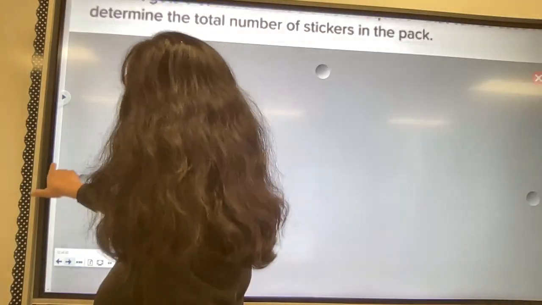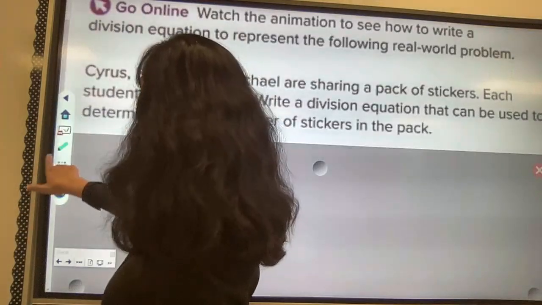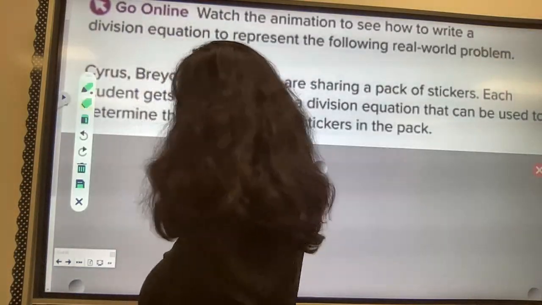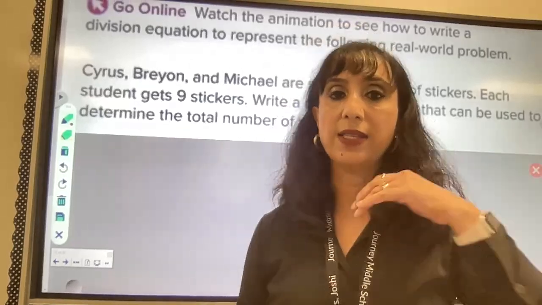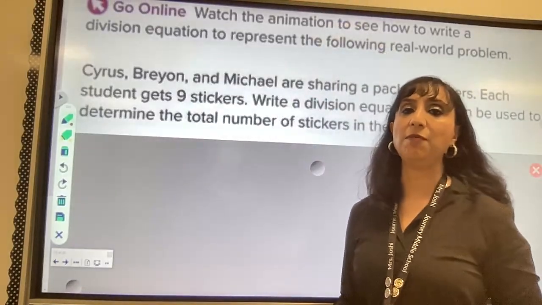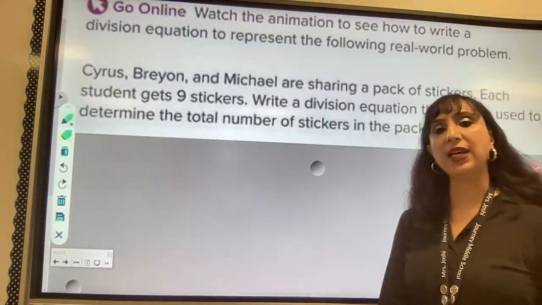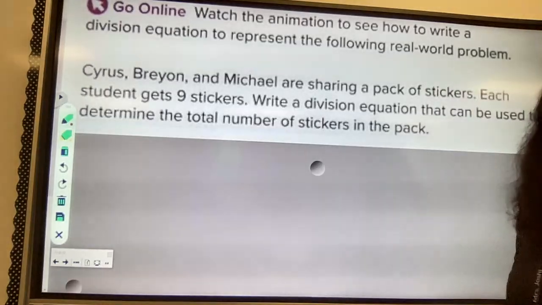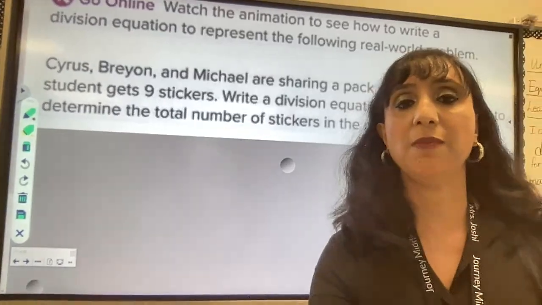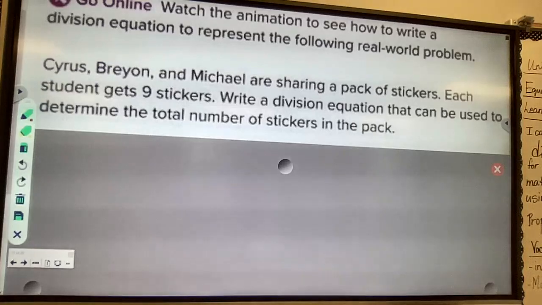So let's look at this question, and we are going to be using the steps that we just talked about. Cyrus, Brian, and Michael are sharing a pack of stickers. Each student gets 9 stickers. Write a division equation that can be used to determine the total number of stickers in the pack.